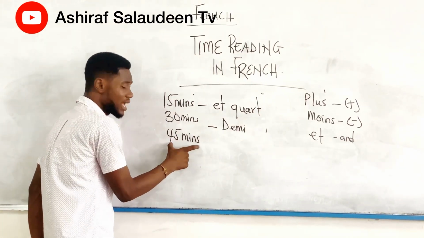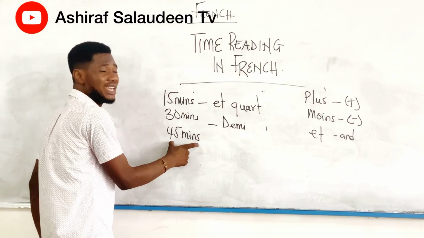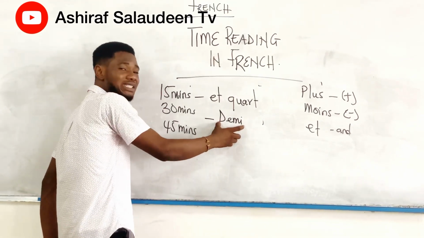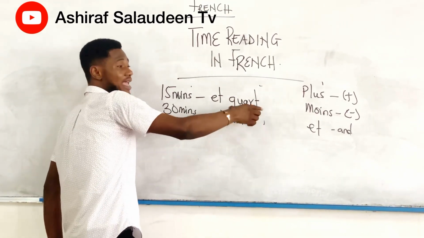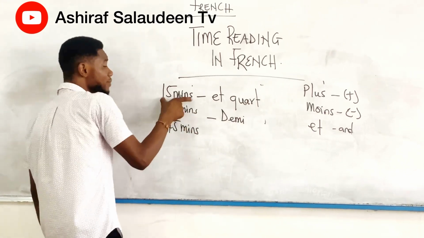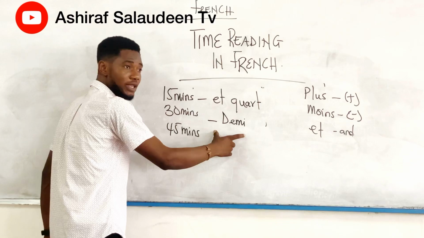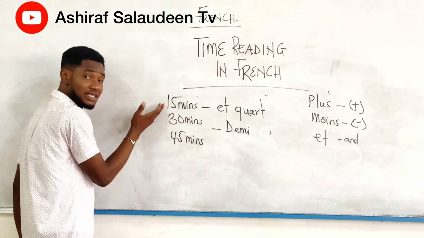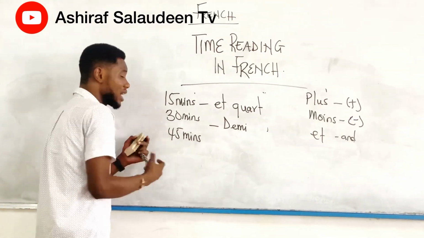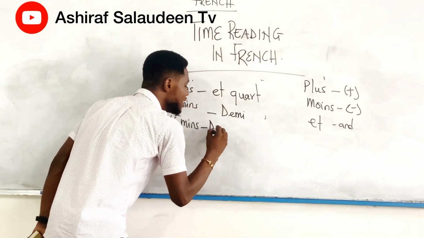Another way they can tell you 45 minutes is they will add demi and quart. Because we are saying demi is 30 minutes, 15 minutes is quart. Now 15 plus 30 is 45. So another way they can tell us 45 is demi et quart.